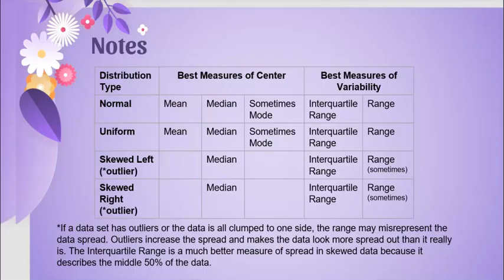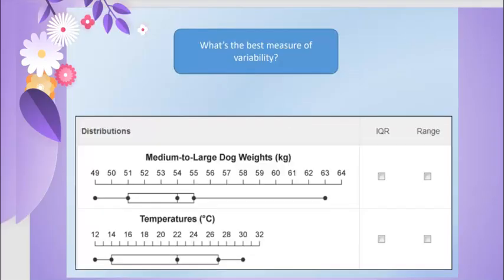You would be better off looking at the interquartile range, which is a much better measure of skewed data, because it describes the middle 50% of the data. Remember, the box in the box and whisker plot shows the middle 50% of the data. So the interquartile range would be a better measure of variability.